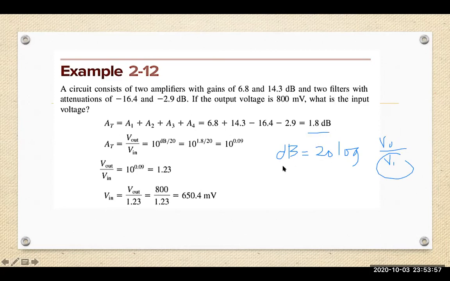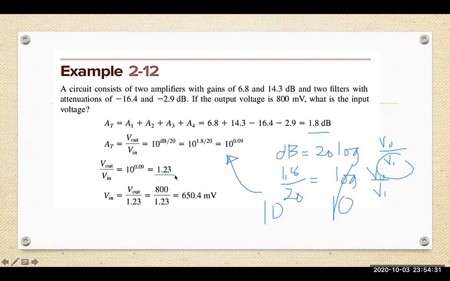So the dB value 1.8 divided by 20 is equal to log of the ratio V out over V in. To eliminate the log, take the anti-log, so 10 raised to this exponent on both sides of the equation, and you can cancel this. So you now have the value for the unitless gain, and that is 1.23.